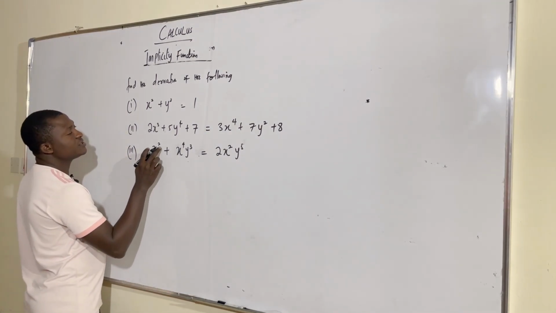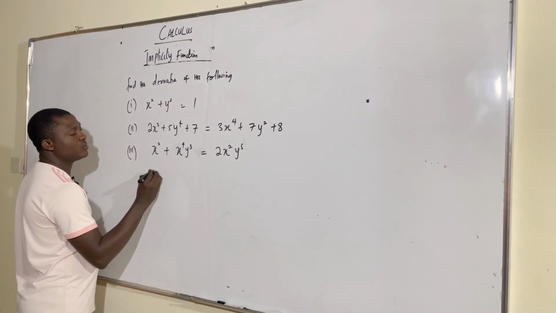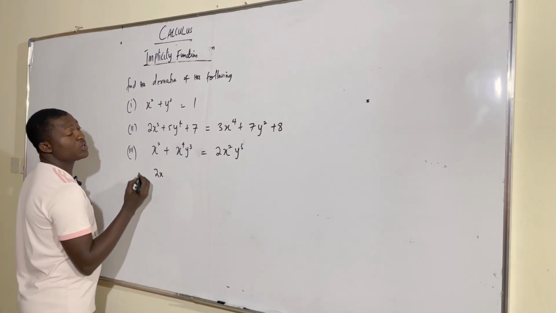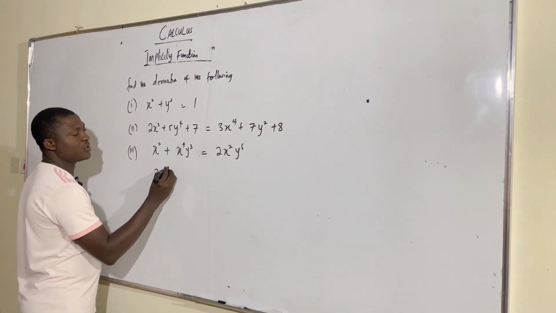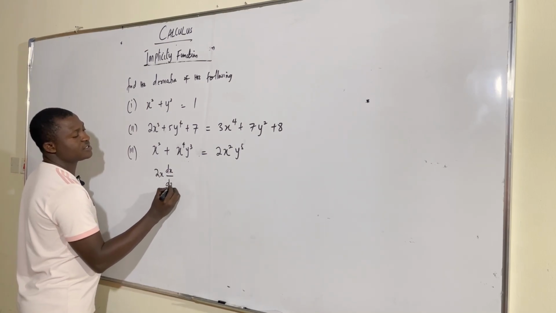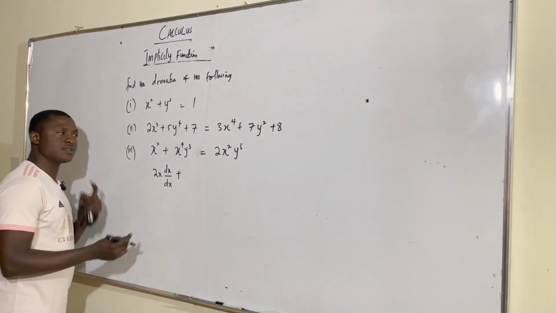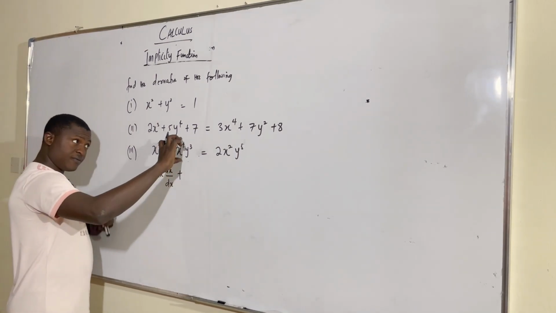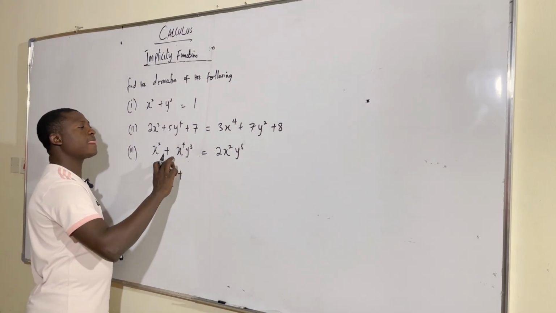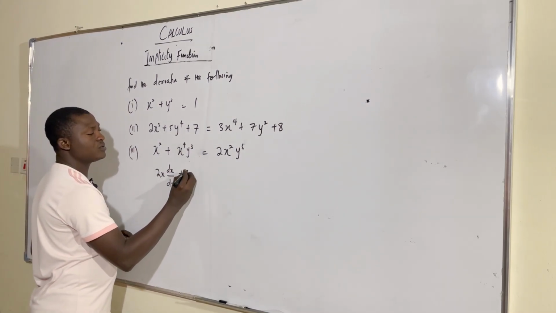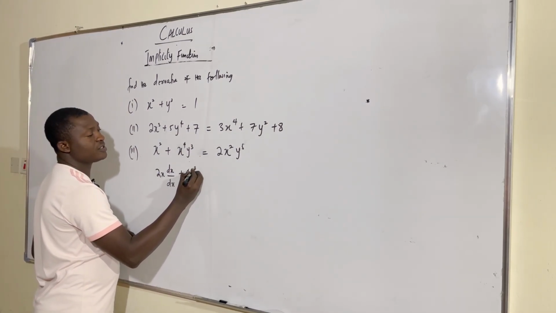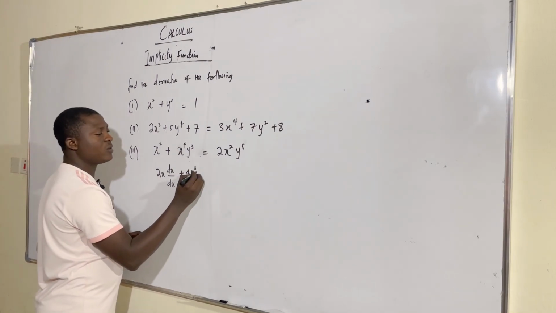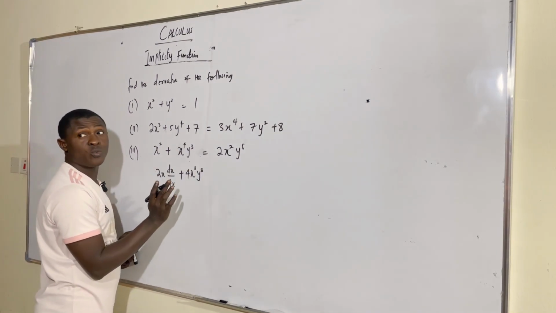So let's do it. Differential of x squared, I know we have 2x, and if I'm differentiating x, we have dx. Plus, now I want to firstly differentiate x, so I'll cover y. Differential of x to the 4, I know we have 4x cubed, right? Then I cover y, meaning I just do not touch y.